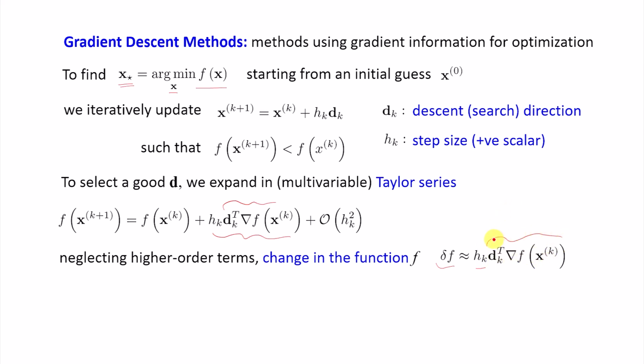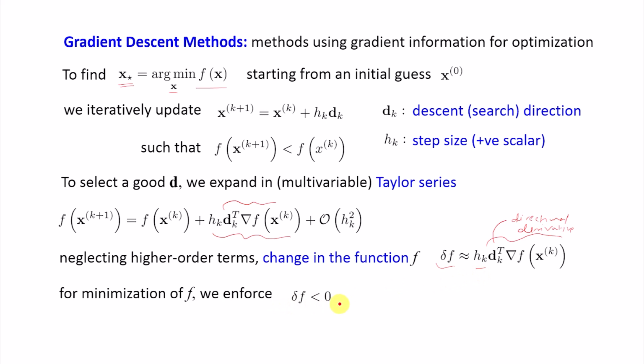You can also call this the directional derivative, because this is the inner product of the gradient with dk. So this is the directional derivative in the direction of d. Now, because we want f of x k plus 1 to be less than f of x k, this delta f must be less than 0.